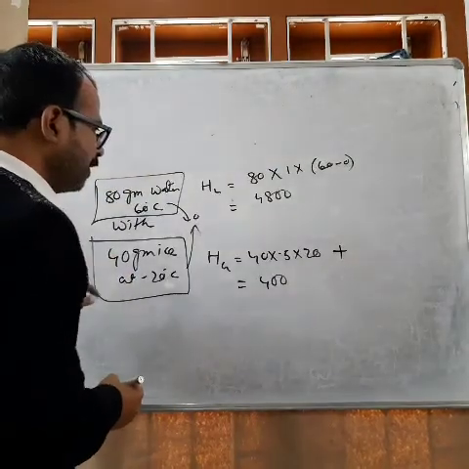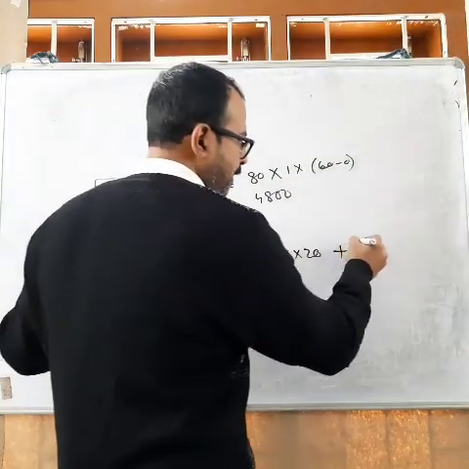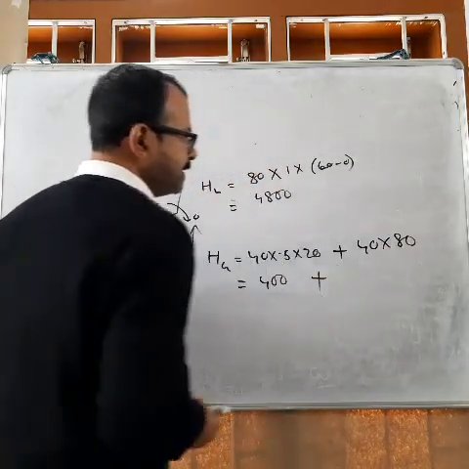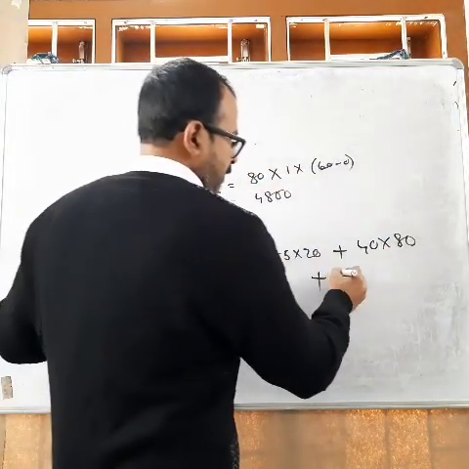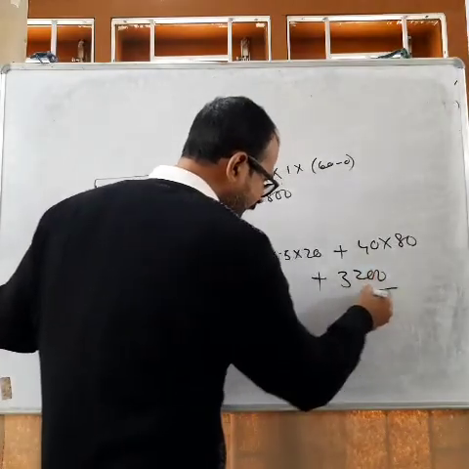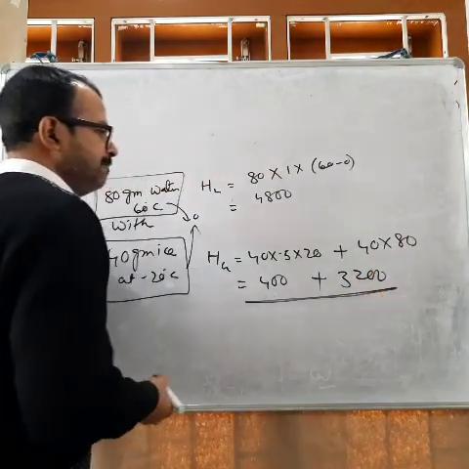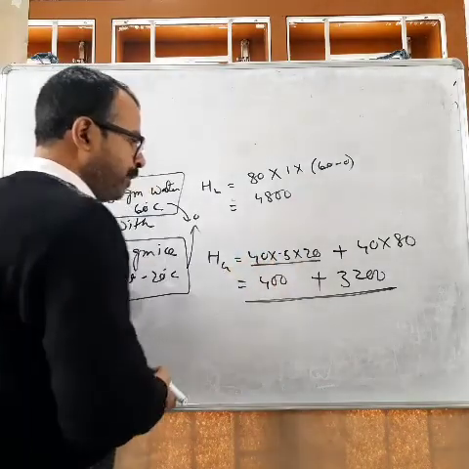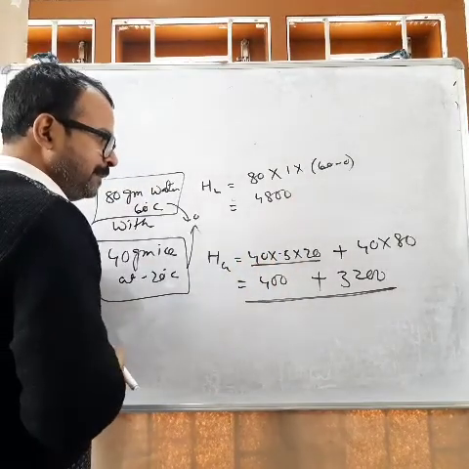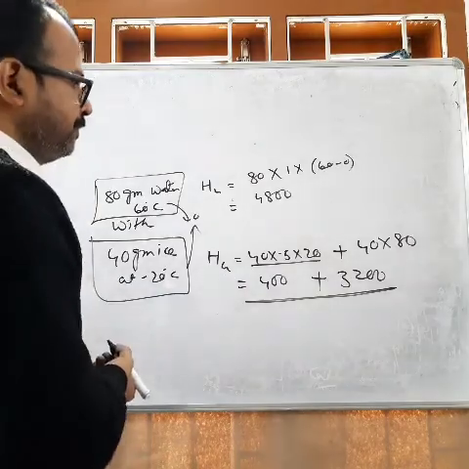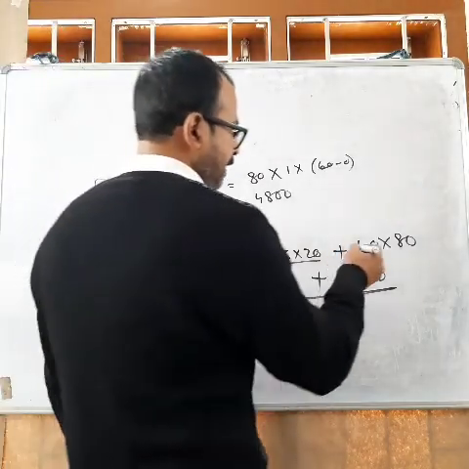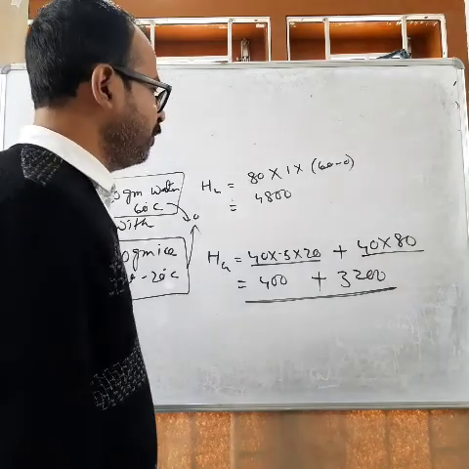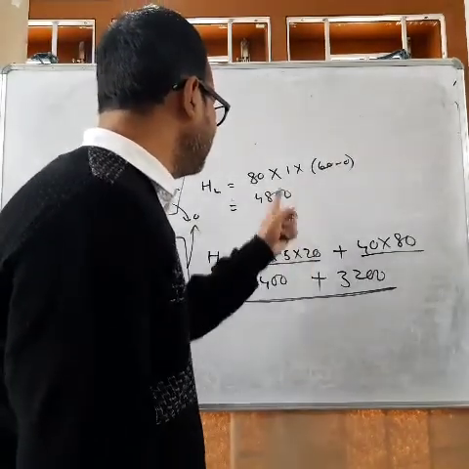To melt 1 gram of ice, we need 80 calories. So here 40 gram I want to melt. 40 into 80, what is that? Still this sum is less. So while ice is heated to 0 degrees C, 400 calories are utilized. Then the ice is melted, another 3200 calories utilized. Their sum is less than this one.